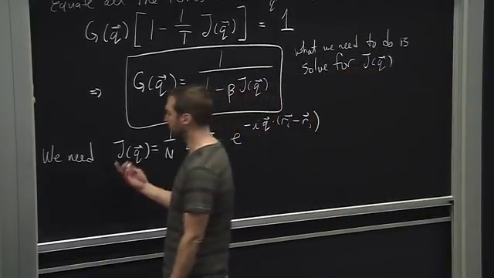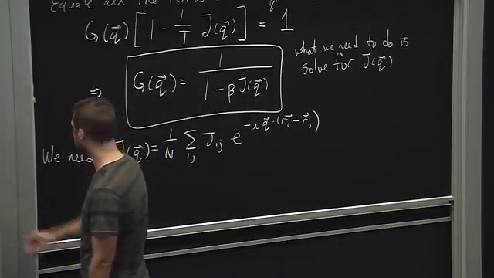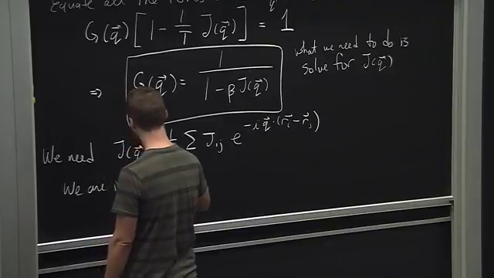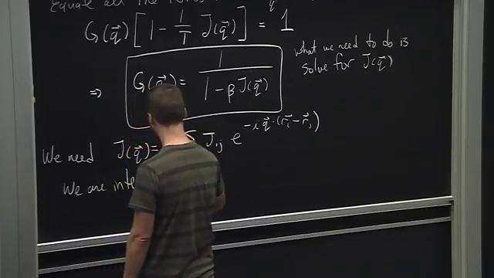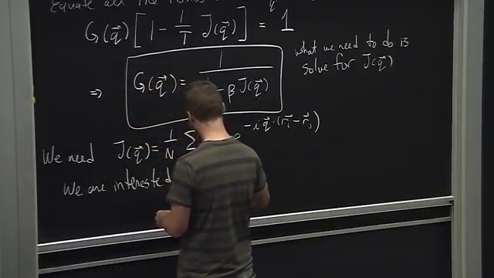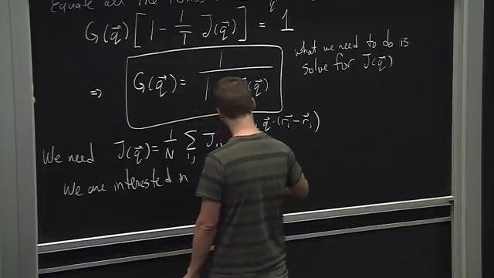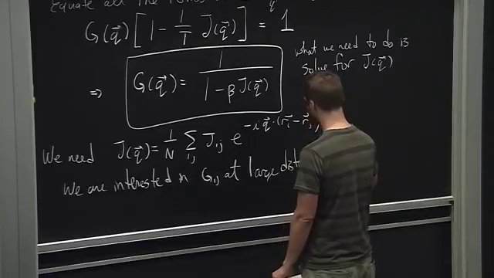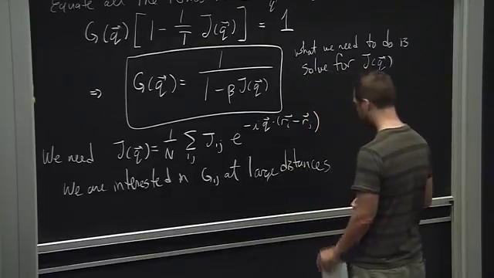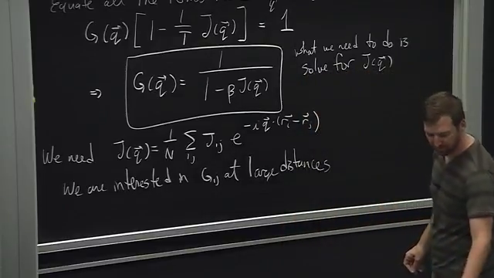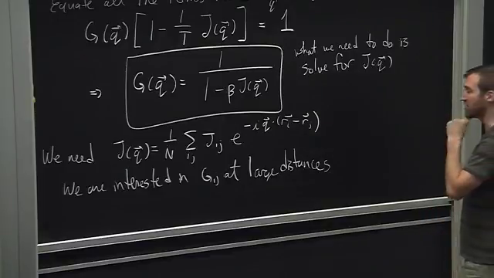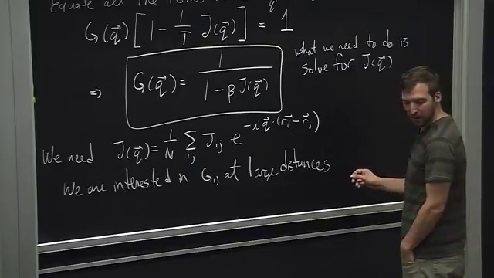And like I said, we're interested in the correlation function at large distances. So we can define a range, I guess. So how would I do that?